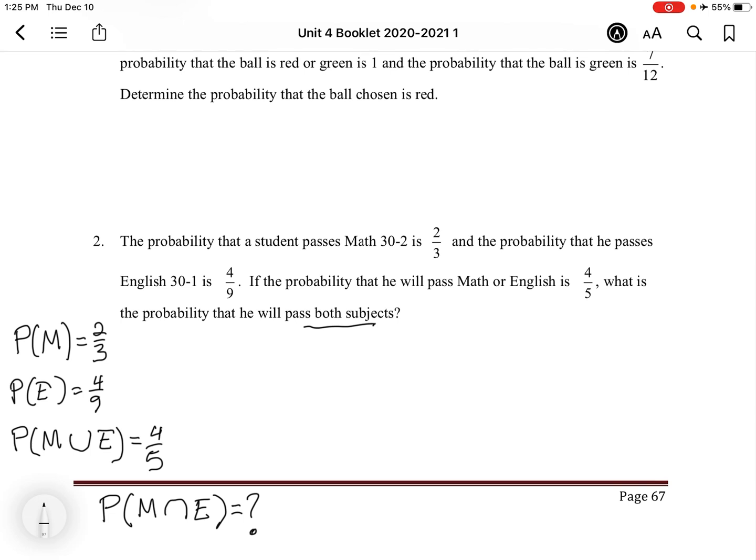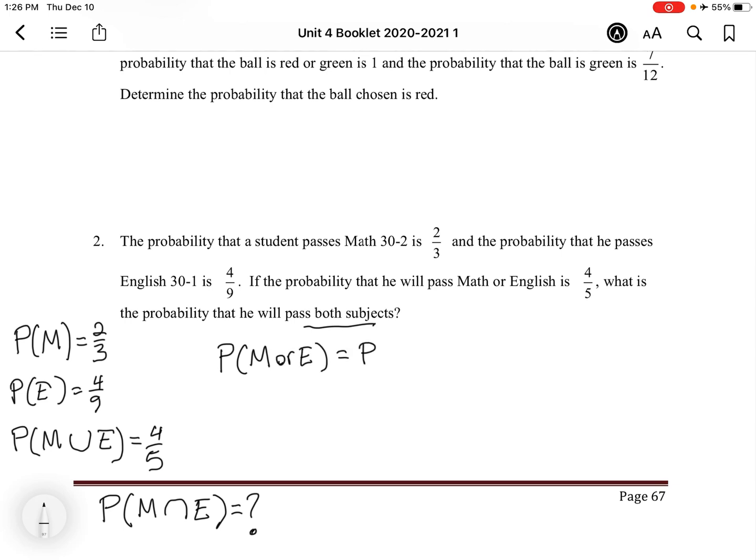Okay? Now, if you think about it, these are not mutually exclusive. You could, and hopefully you do, pass math and English at the same time. That's what you would want, hopefully. Okay, so let's actually write out our formula. The probability of math, and in fact, instead of writing the union and the intersection, I'm just going to write or and.